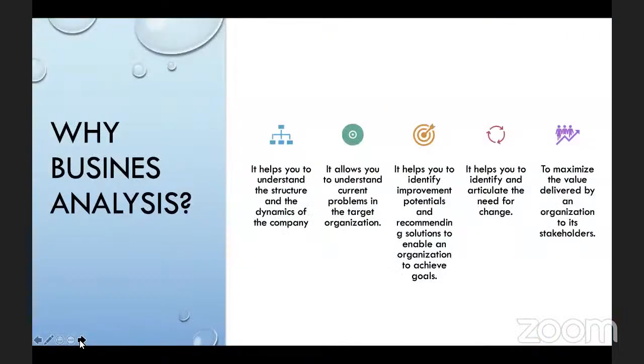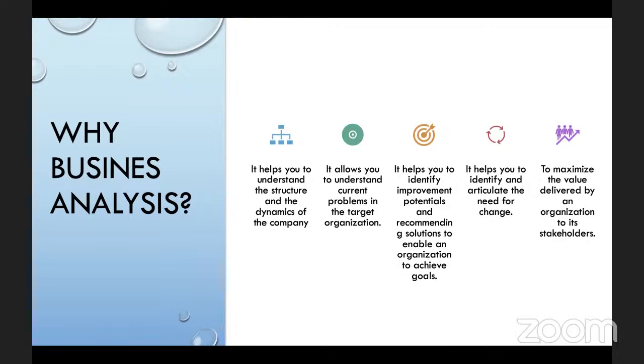So why analysis? Why business analysis? There are a couple of things that we need to know that reinforce why we're doing this. So number one, analysis helps you to understand the structure and the dynamics of the company, right?